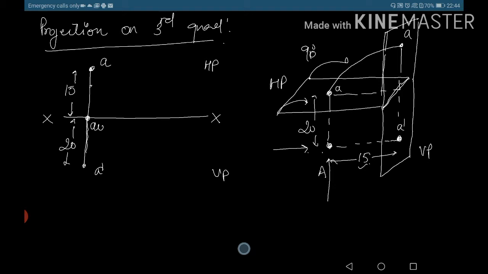If you look at projection in the first quadrant and in the third quadrant: in the first quadrant, HP was below the XY line and VP was above the XY line. In the third quadrant this is reversed. HP is above the XY line and VP is below the XY line, the intersection line.